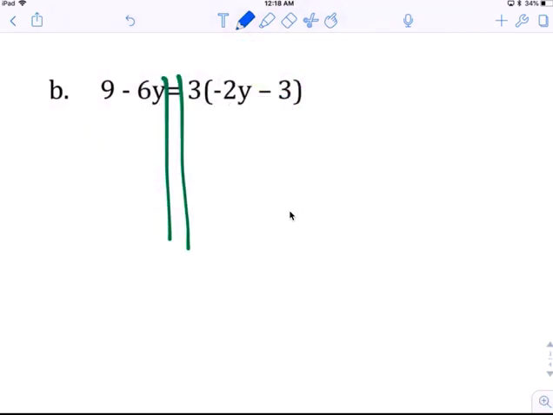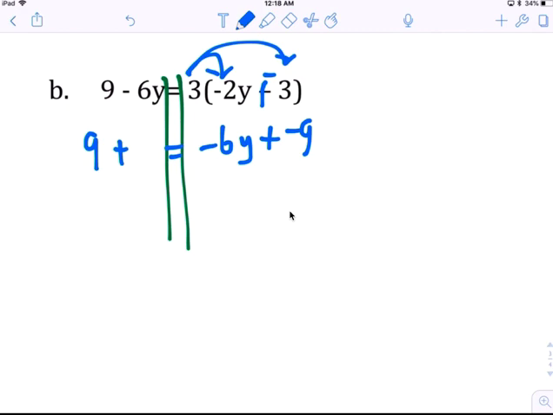Let's distribute first. Okay, make 0 to the y's.